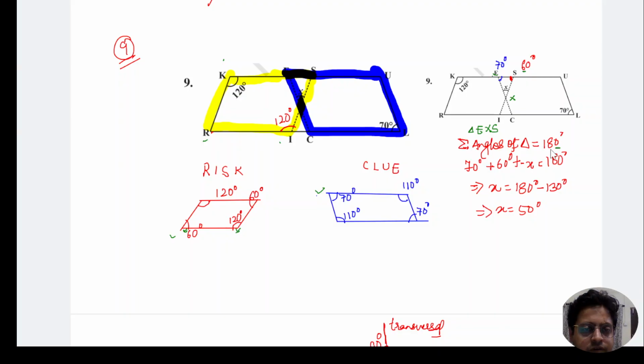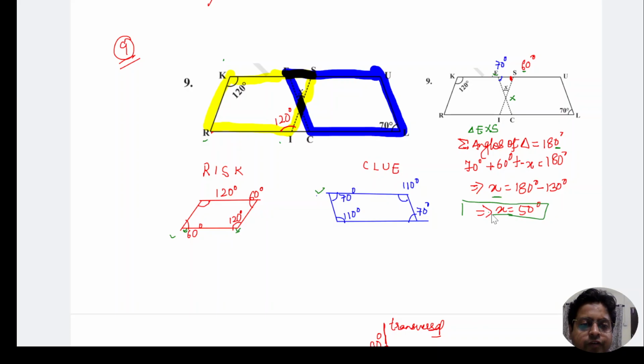All of you know this property of triangle. We have already found two angles of that triangle, 60 degrees and 70 degrees, plus X is 180 degrees. So the value of X is 180 minus 130, that is 50 degrees. It was so simple. Hope all of you have understood.